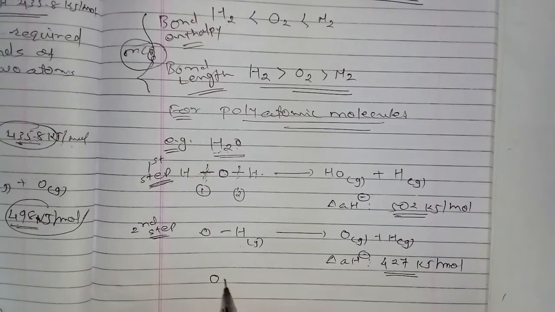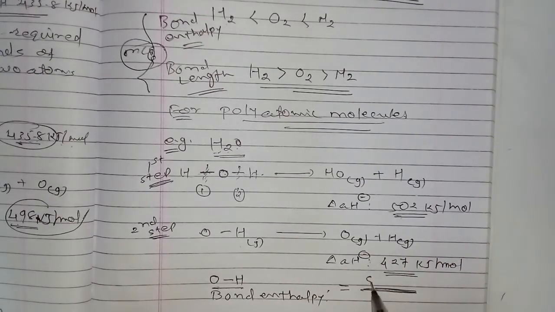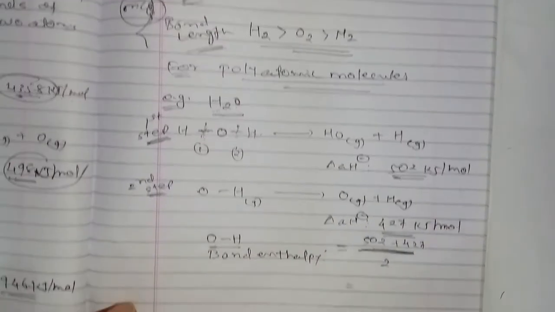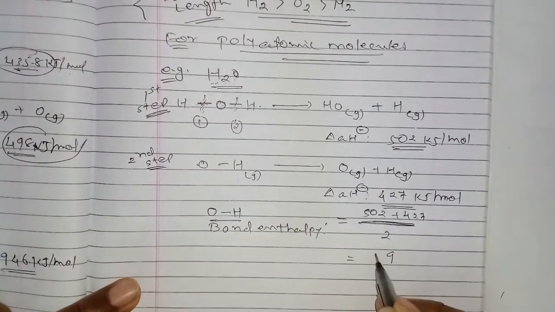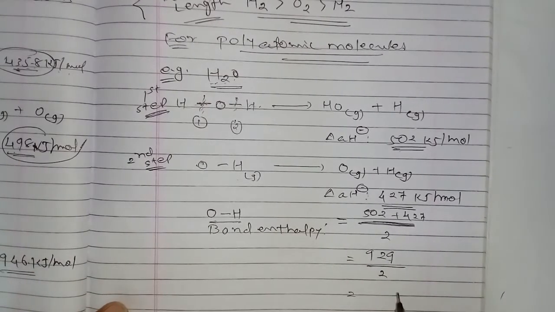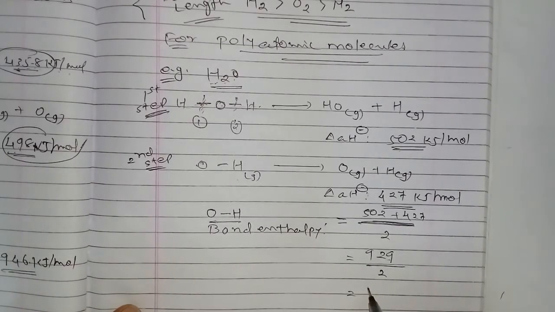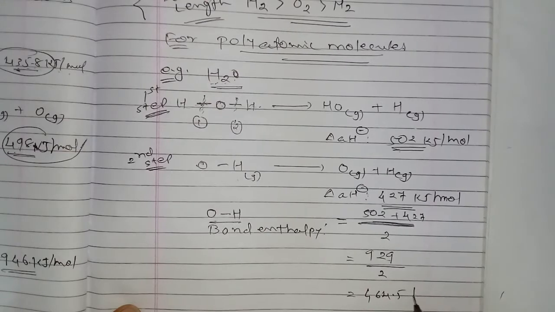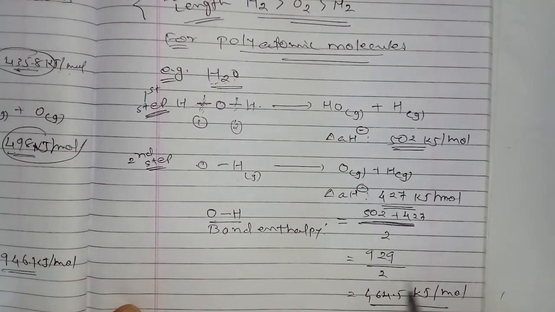For this oxygen-hydrogen bond enthalpy, there is an average value: 502 plus 427 divided by 2, that is 929 divided by 2, and its value will be 464.5 kilojoule per mole approximately.